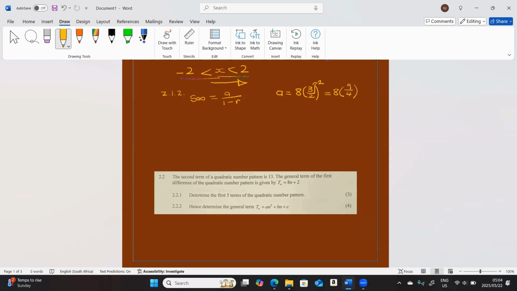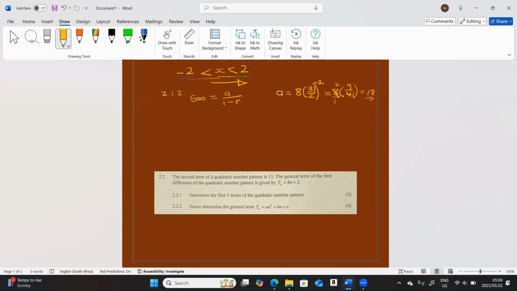This is 8 over 1, so we can cross simplify. 4 goes in itself once, and 4 goes in 8 twice. Multiplying our numerators, we get 2 times 9, which is 18, and our denominators would be 1 times 1, which is 1. So my answer for the first term is 18.